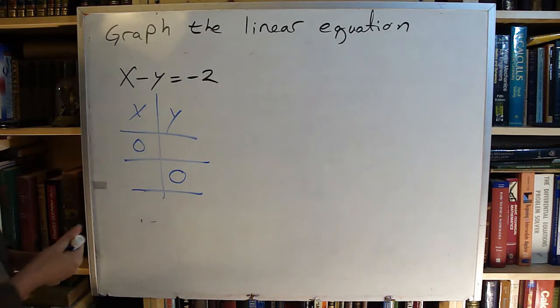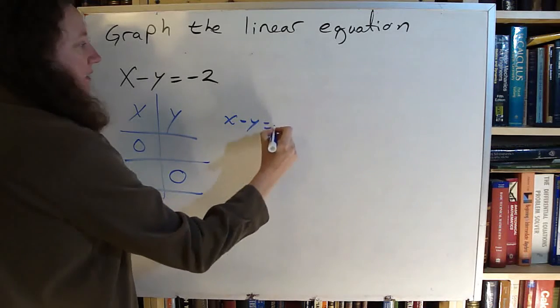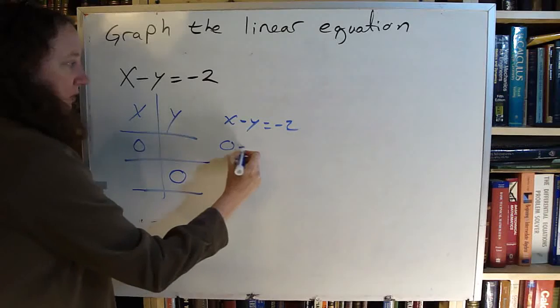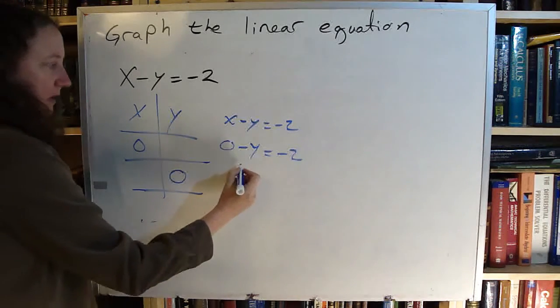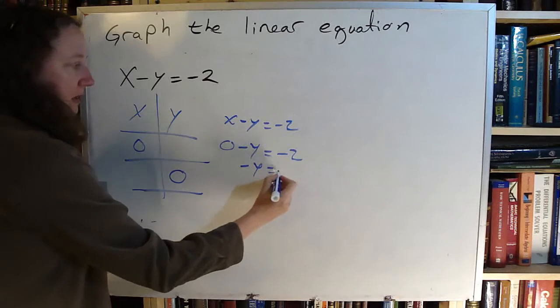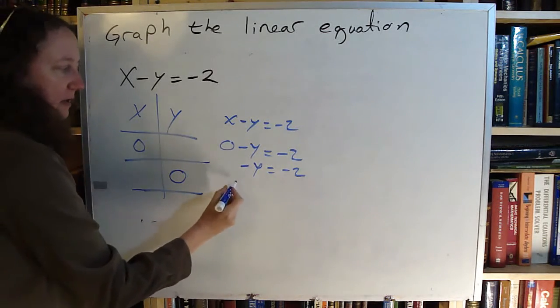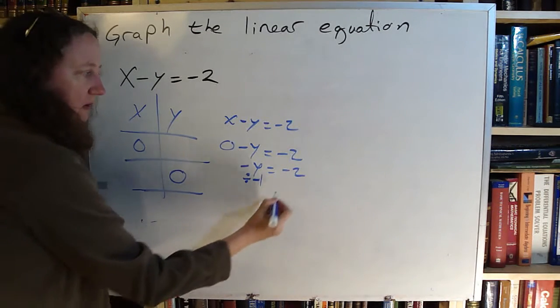So plugging my numbers in, I have my equation, x minus y is negative 2. Plug in 0 for x. 0 minus y is negative 2, giving me negative y is negative 2. I have to get rid of that negative sign, so I'm dividing by negative 1.